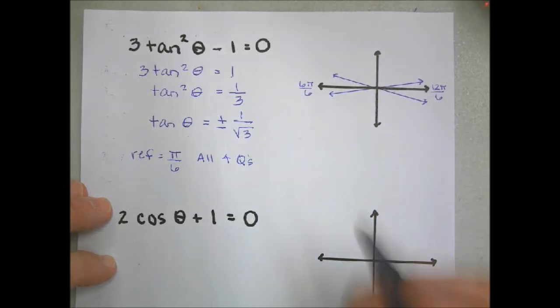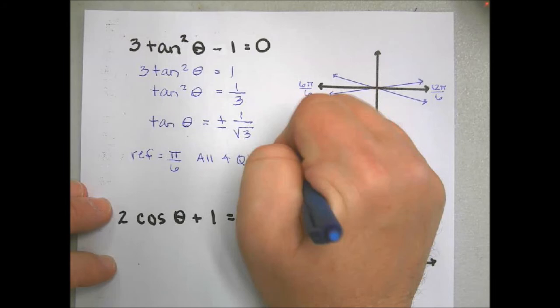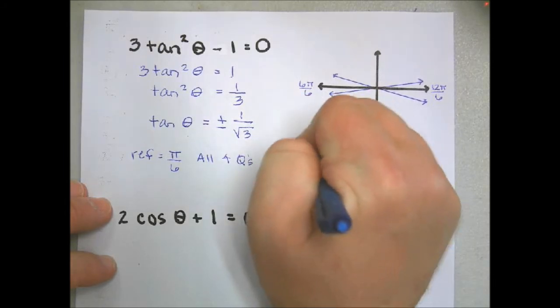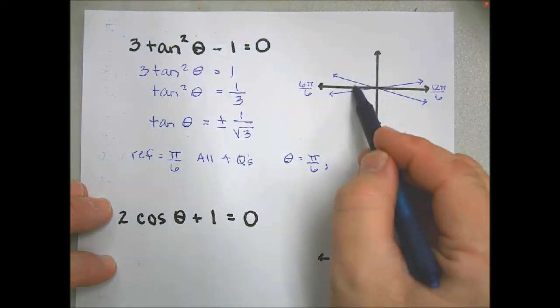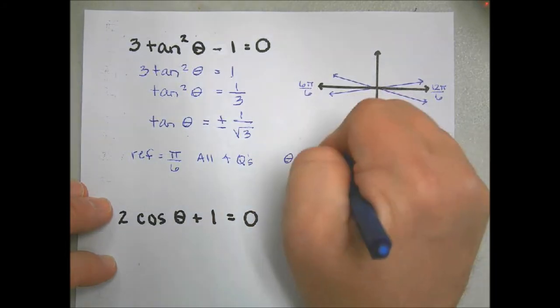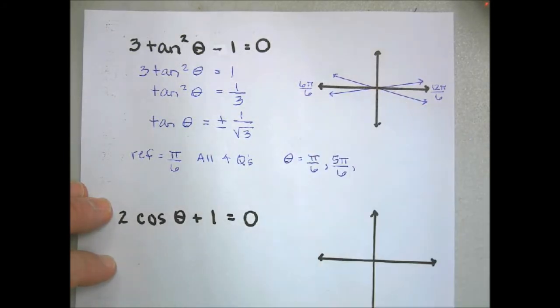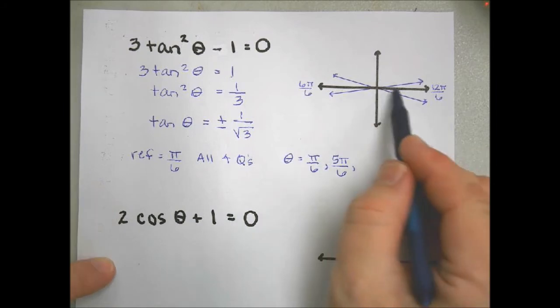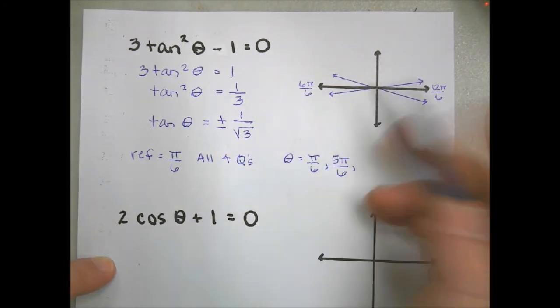So where are these angles? Well, the first one is simply pi over 6. Okay, but what's the next one? Well, it's 6 pi over 6 minus pi over 6. So it would be 5 pi over 6. What would be the next one? Well, it would be all the way over to 6 pi over 6 plus pi over 6.